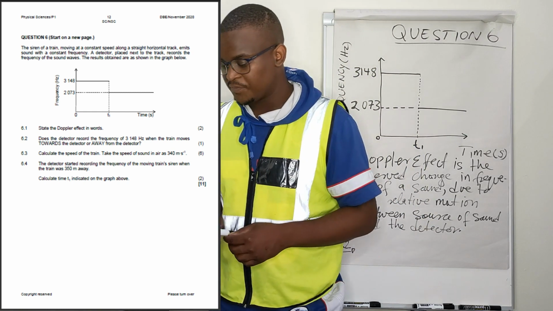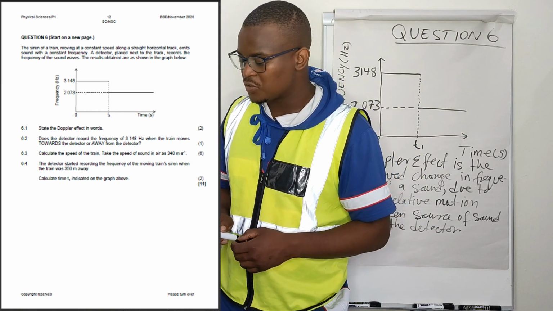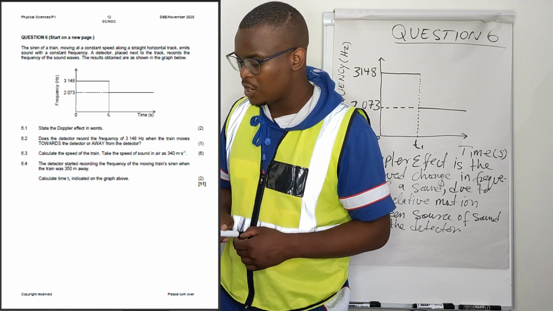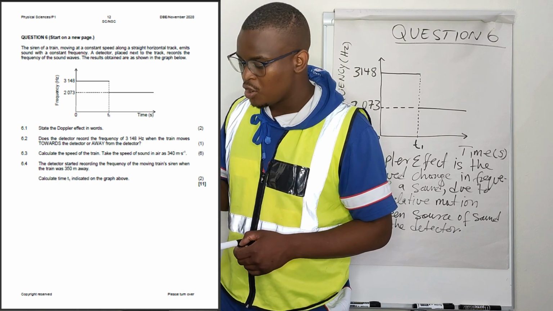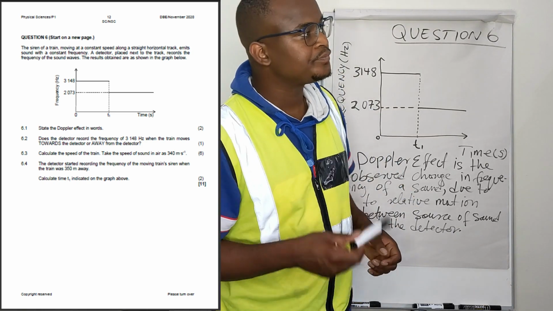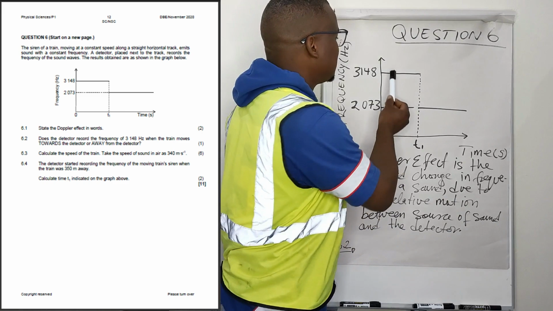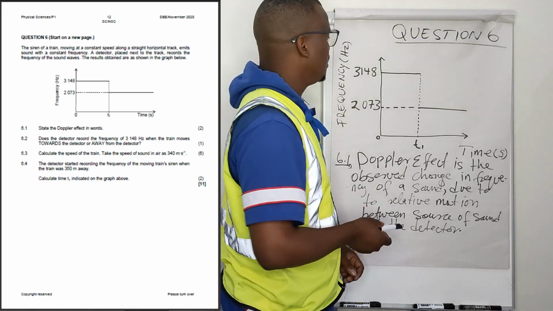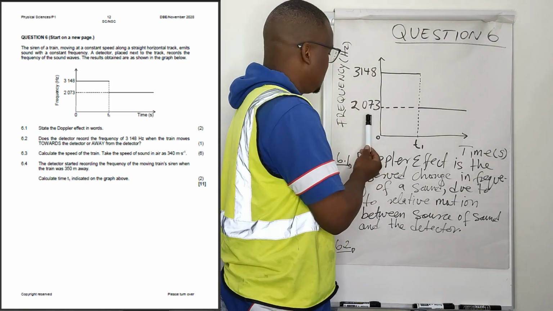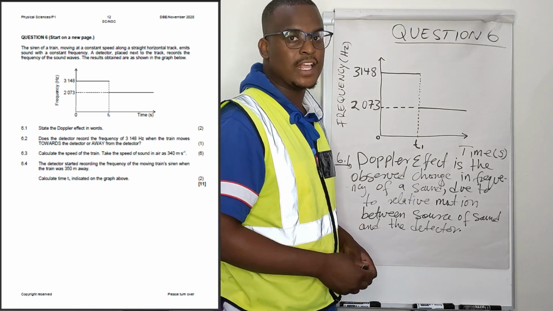I'll read the question again. Does the detector record the frequency of 3148 Hertz when the train moves towards or away from the detector? So now, these are the detected frequencies, this 3148 Hertz and 2073 Hertz.